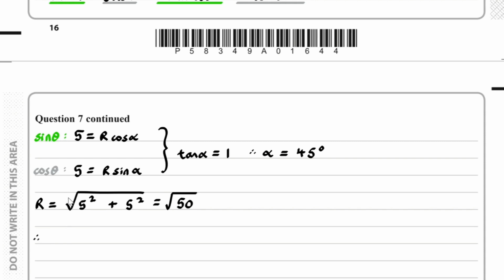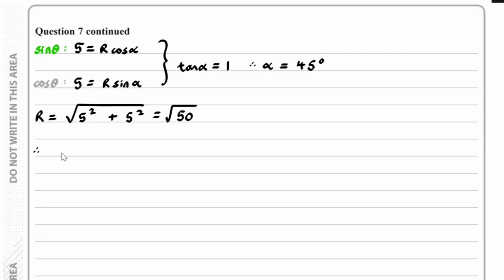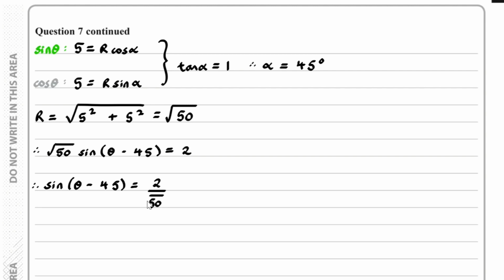And so therefore, I can rewrite the left-hand side of this equation as root 50 times sin of theta minus 45, that's equal to 2. So, sin of theta minus 45 is equal to 2 divided by root 50.